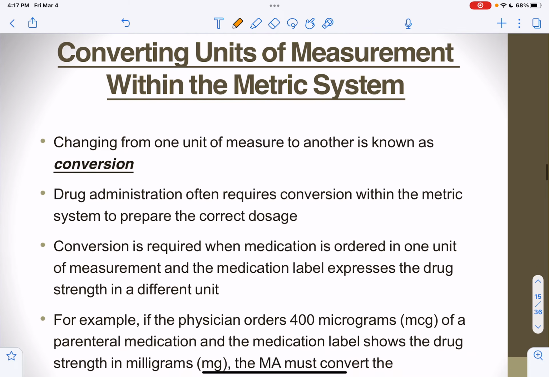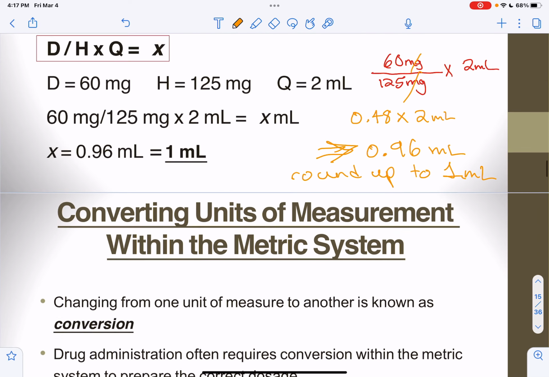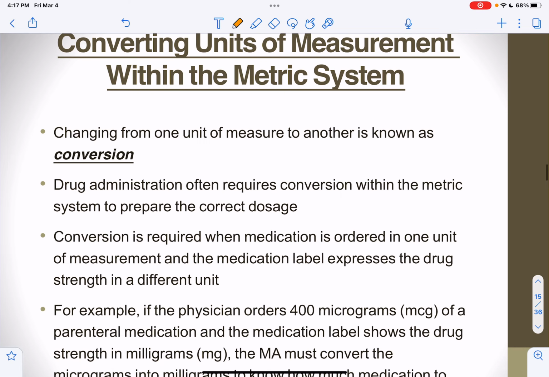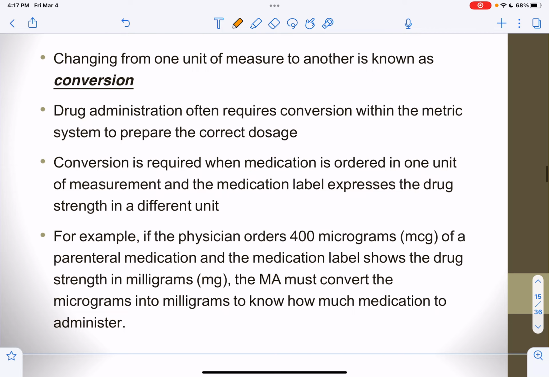Okay, so sometimes we need to convert from one unit of measurement to another, and that's known as a conversion. We often have to do that in order to prepare the correct dosage. In these examples we didn't have to convert at all, so they were super easy. But we have to do it when what was ordered is one unit of the medication, but the label has a different unit of measurement.